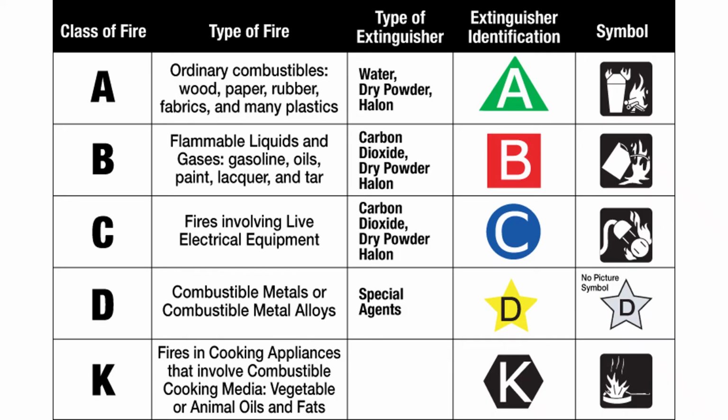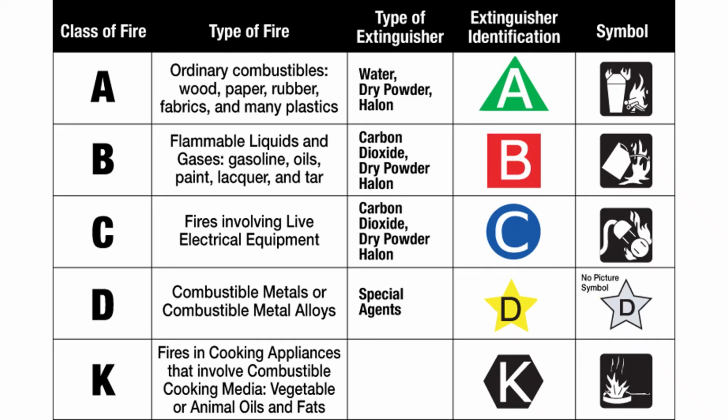For class C, these are fires involving energized electrical equipment. While for class D fires, that's combustible or reactive metals such as magnesium, sodium, and potassium. And lastly, for class K, these are fires that involve cooking appliances, combustible cooking media, vegetable or animal oils, and fats.